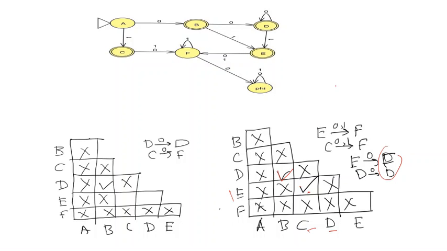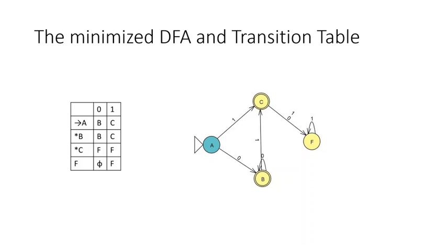Here D is equivalent to B, and C is equivalent to E. And similarly, as we got in the partition table case, in the transition table here, replacing B and D, and C and E, finally we get the same optimized DFA.